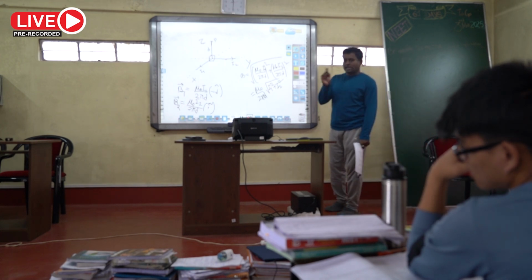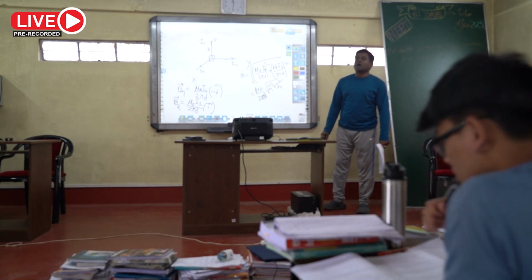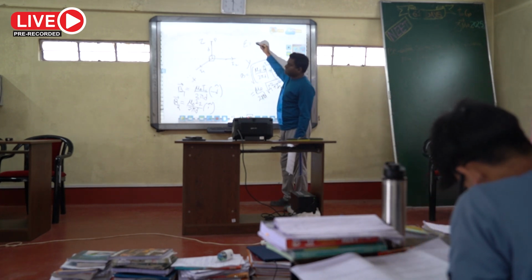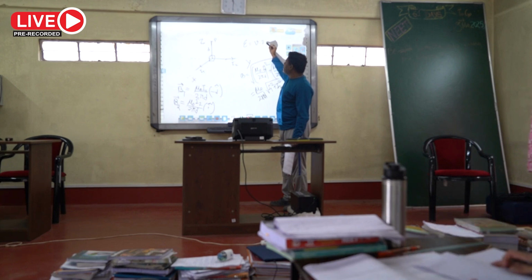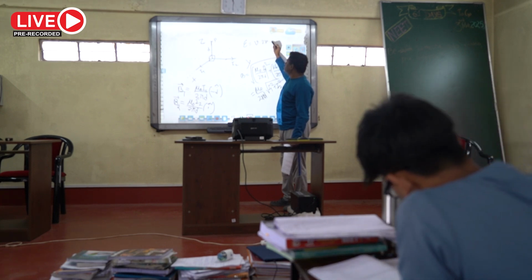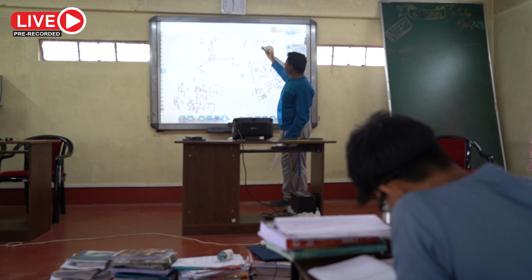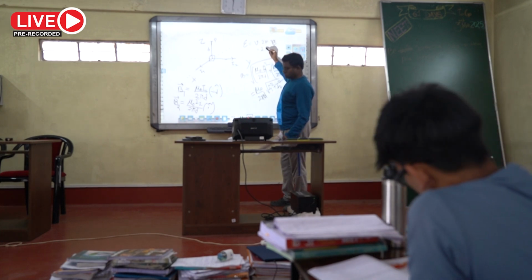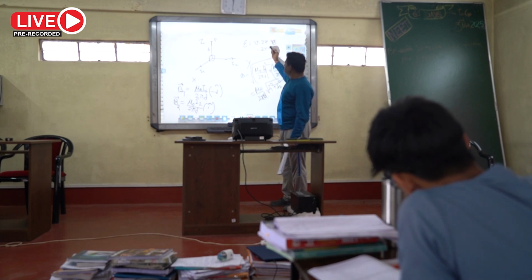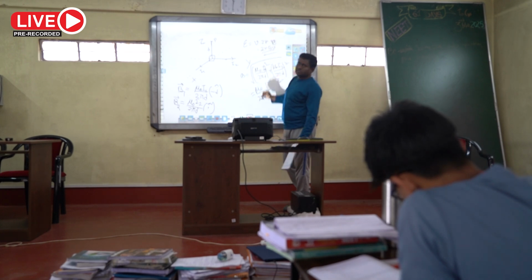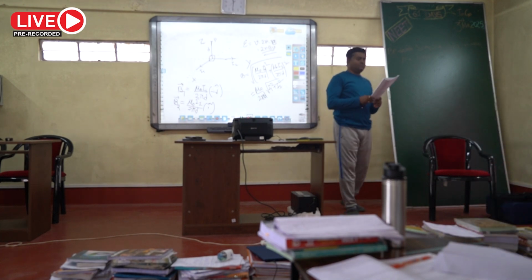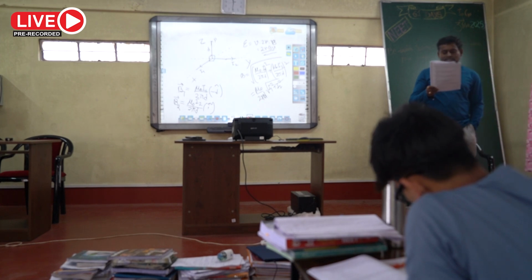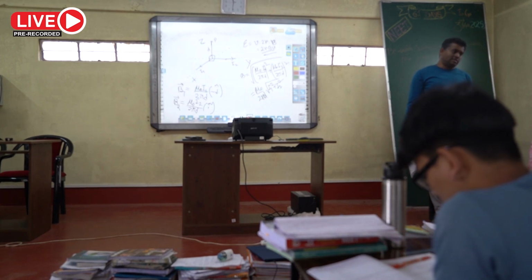Motional EMF means the two extreme points distance, that is 2r. So E will be vLB, that is v into 2r into B, that is 2rvB. That is the EMF developed. Only one option is there with this, so option 4 is correct.